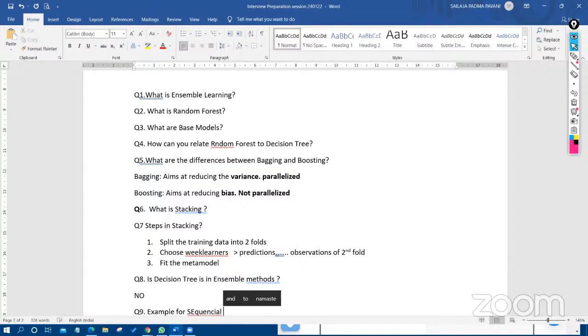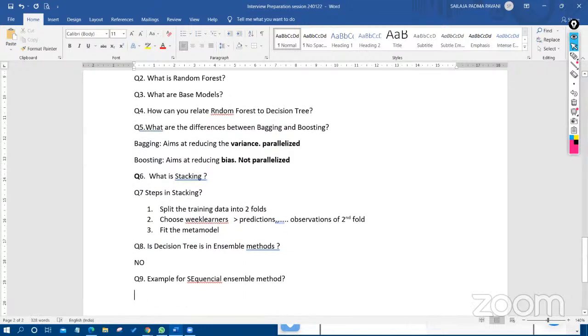What is the example for sequential ensemble method? First, let me ask you, how many ensemble methods do we have?